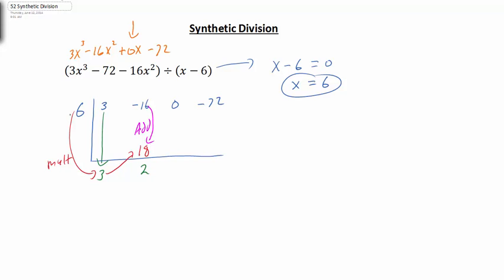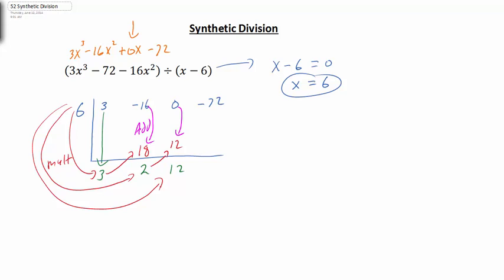We're going to multiply 6 times 2, and 6 times 2 gives us 12. Then once again, we add 0 and 12, which is 12. Then we multiply 6 times 12, which is 72. And then we add negative 72 and 72. We end up with a 0. And this very last number here is going to be our remainder.